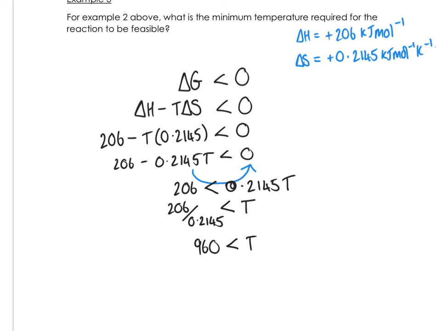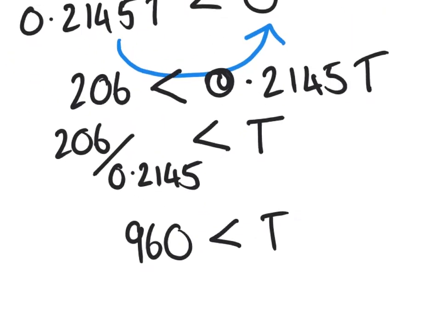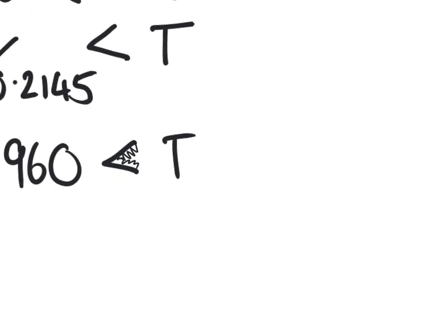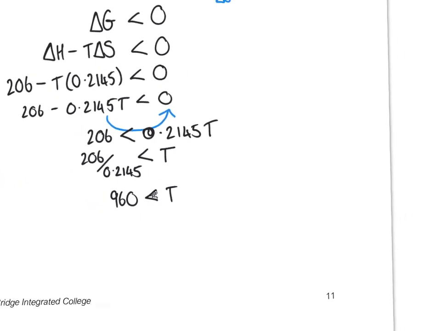960. Okay, you'll notice that T is on the right hand side and it doesn't look great that way. But if we're thinking back to the crocodile, the crocodile is eating the T, and it still wants to eat the T, but it looks a bit more normal. Does it really matter now?